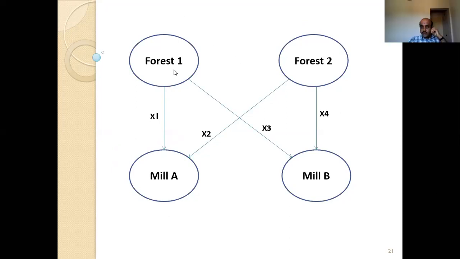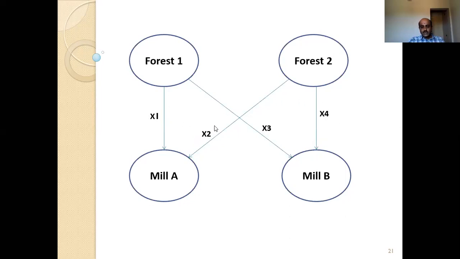The number of logs shipped from forest 1 to mill A is X1. The number of logs shipped from forest 2 to mill A is X2. Similarly, the number of logs shipped from forest 1 to mill B is X3, and the number of logs shipped from forest 2 to mill B is X4.